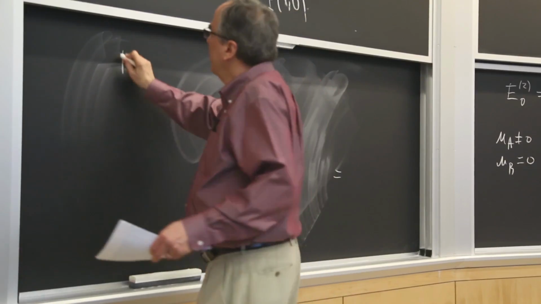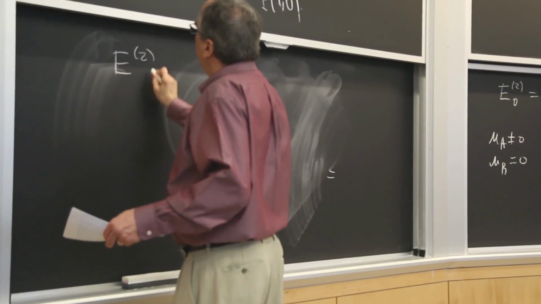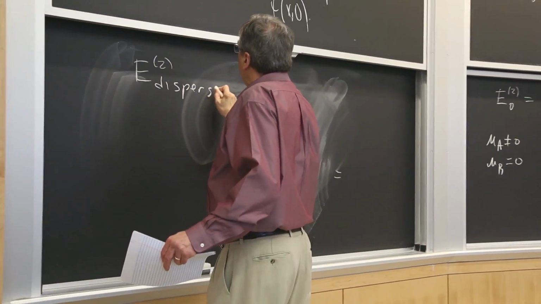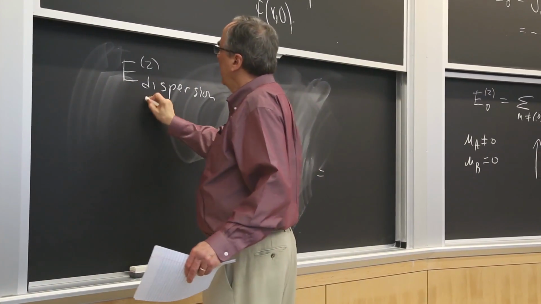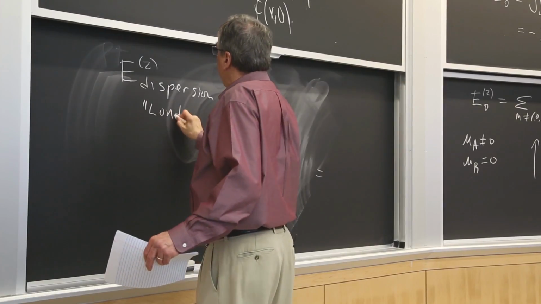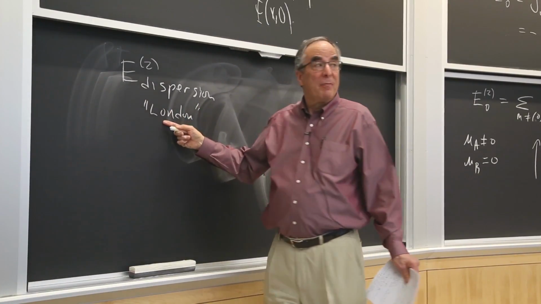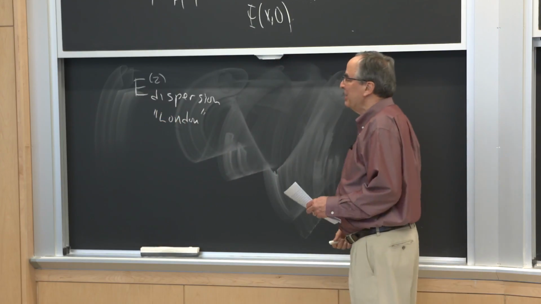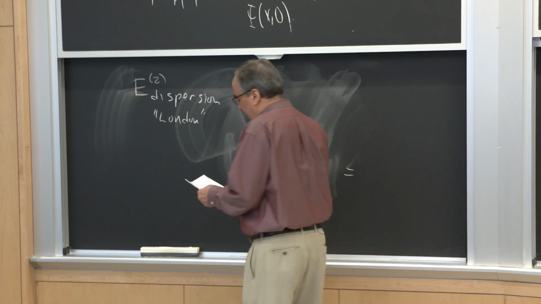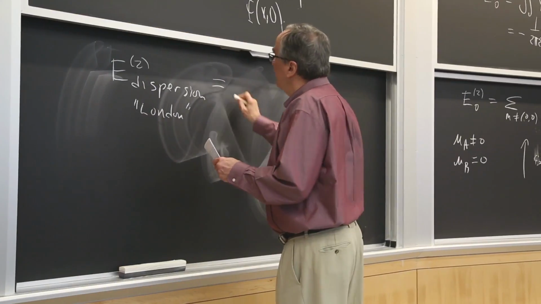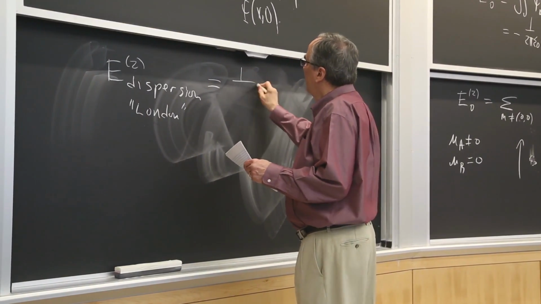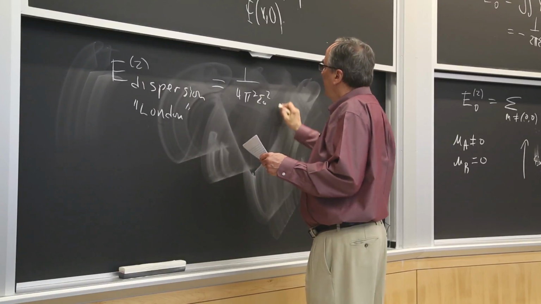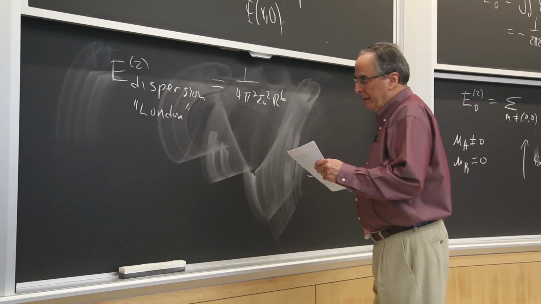And now the name of this term is called dispersion, or London, because a fellow by the name of London invented this. The energy level formula for this correction term is 1 over 4 pi squared epsilon 0 squared r to the 6th.